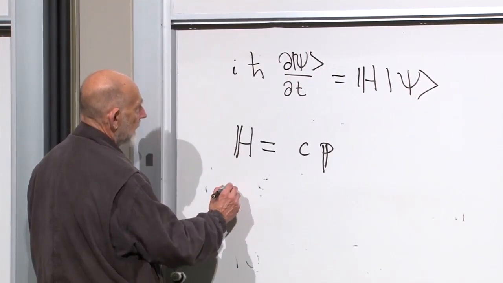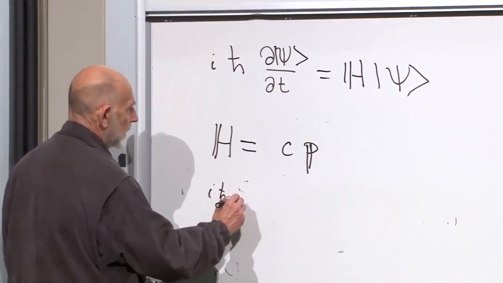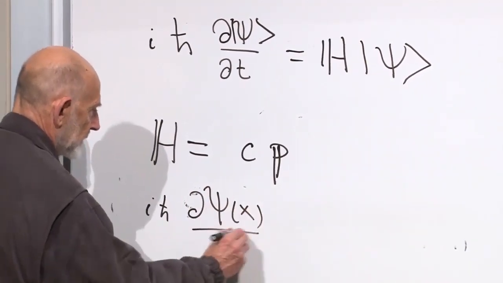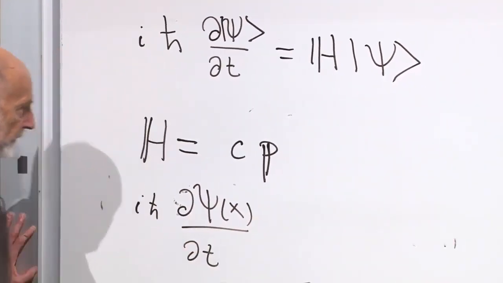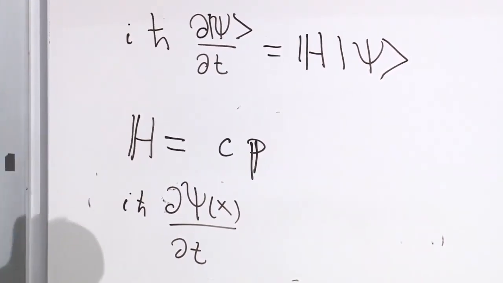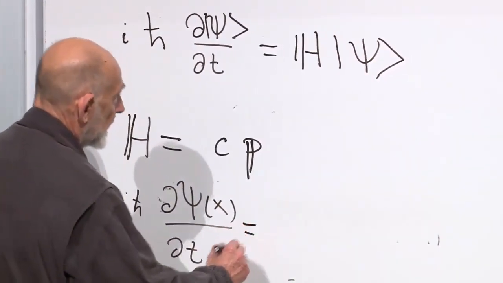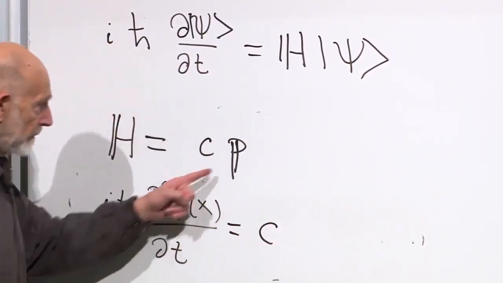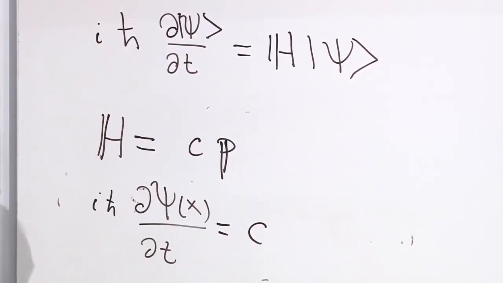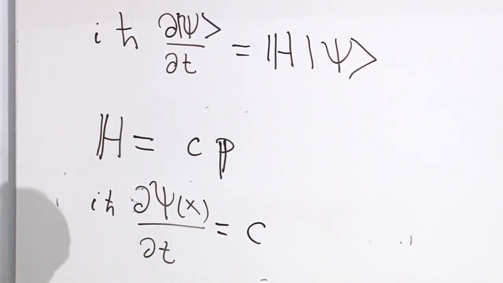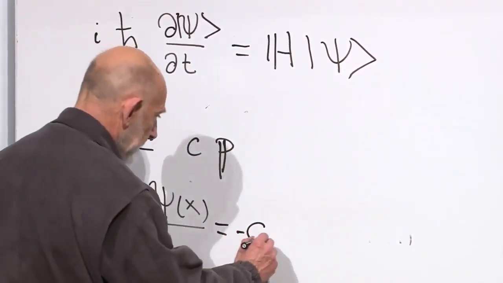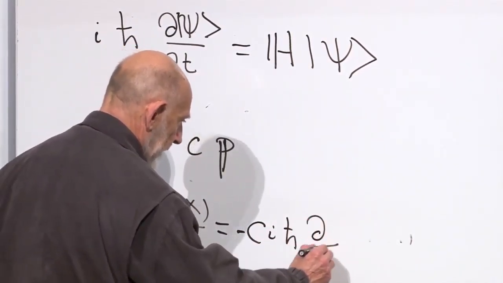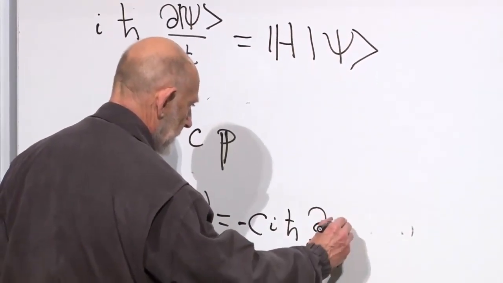What this reads then is i h bar d psi of x by dt, this is the way the wave function changes, is equal, now H is c times p, so let's put the c there, and p is minus i h bar d by dx. So there's a minus, an i, an h bar, and a d by dx, psi of x.